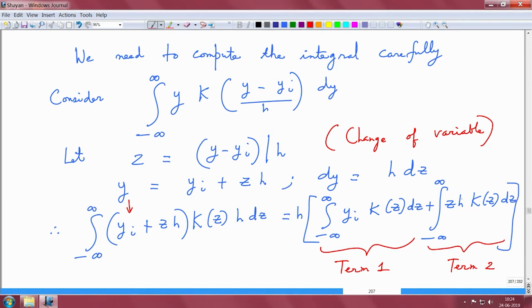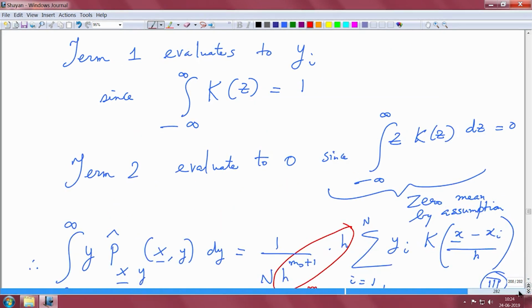So, basically h can be pulled out and we have z times k of z, and that can be interpreted as the mean of this kernel, right. It can be interpreted as the mean, and the mean happens to be symmetric, and therefore, you can basically evaluate that integral to be 0. Okay.